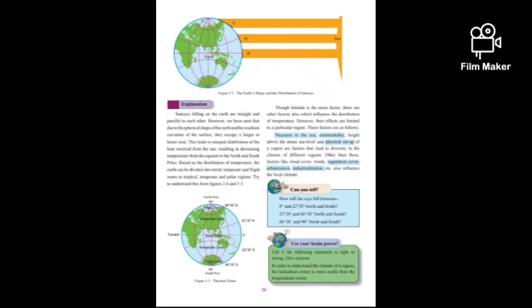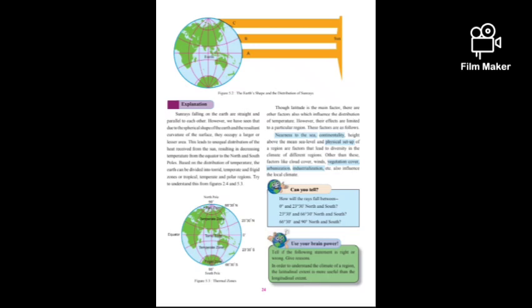Due to the spherical shape of the earth, the heat received is not even, it is uneven. From the center near the torrid zone, the heat is more, it's severe, it's extreme. But as you go away from the equator towards the north and the south pole, the heat goes on decreasing.